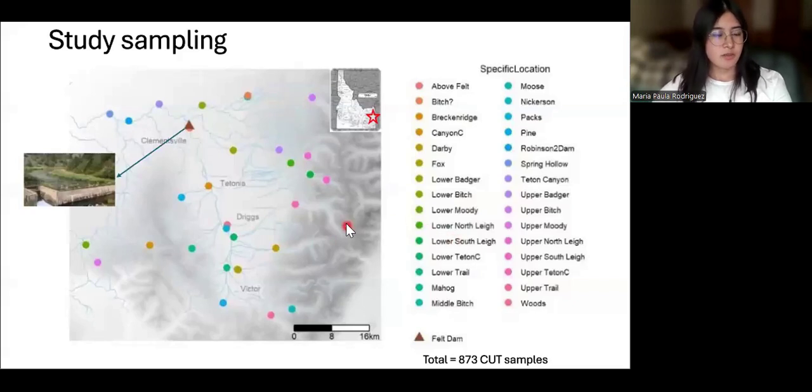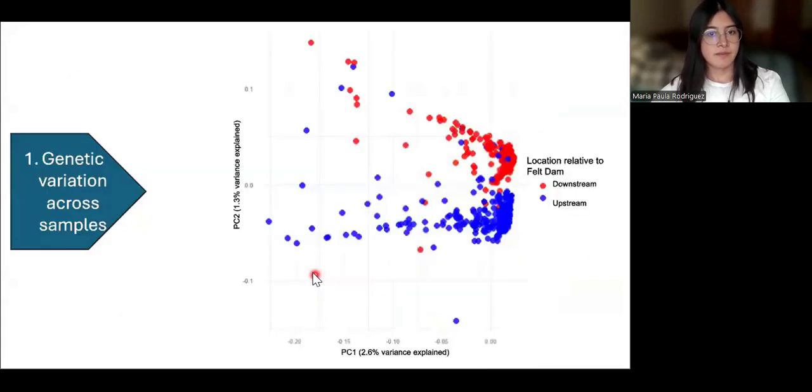So after this brief background, I want to share with you some of the results that I have found so far. First of all, we collected genetic data from several populations across the river to have a good geographical coverage, for a final dataset of 873 cutthroat genetic samples.